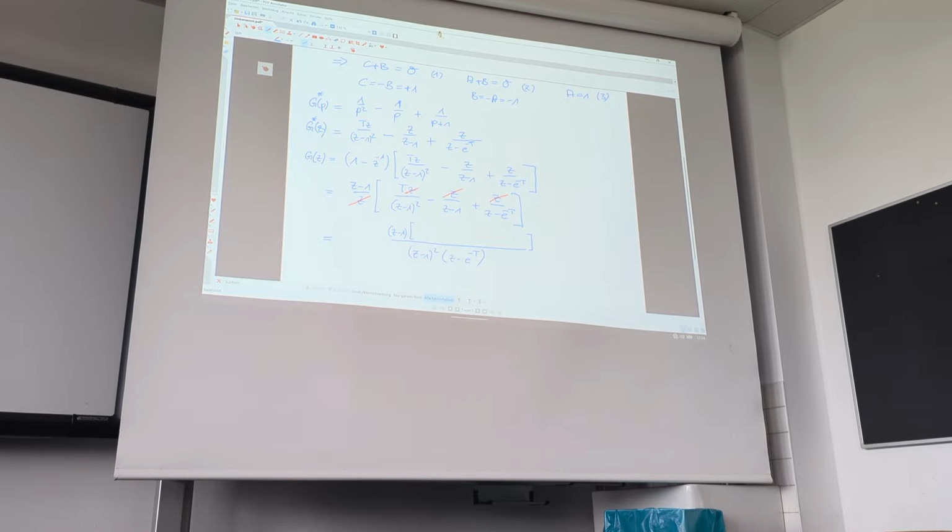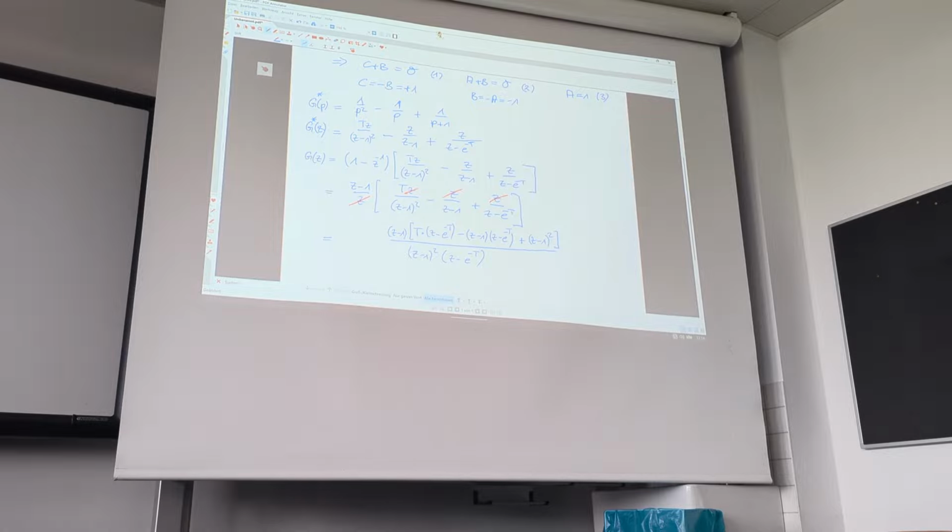So we need T times Z minus e to the power of minus T, minus Z minus 1 times Z minus e to the power of minus T. And for the last one, we need plus Z minus 1 squared.